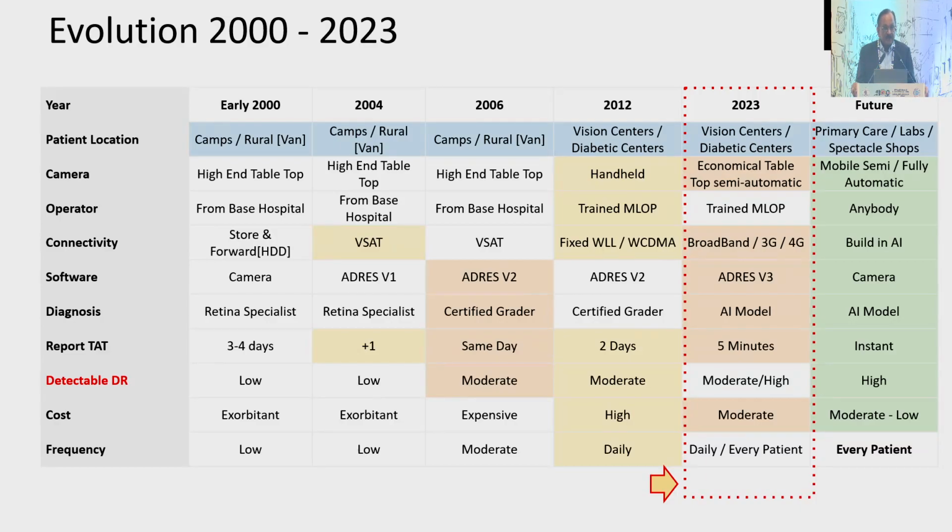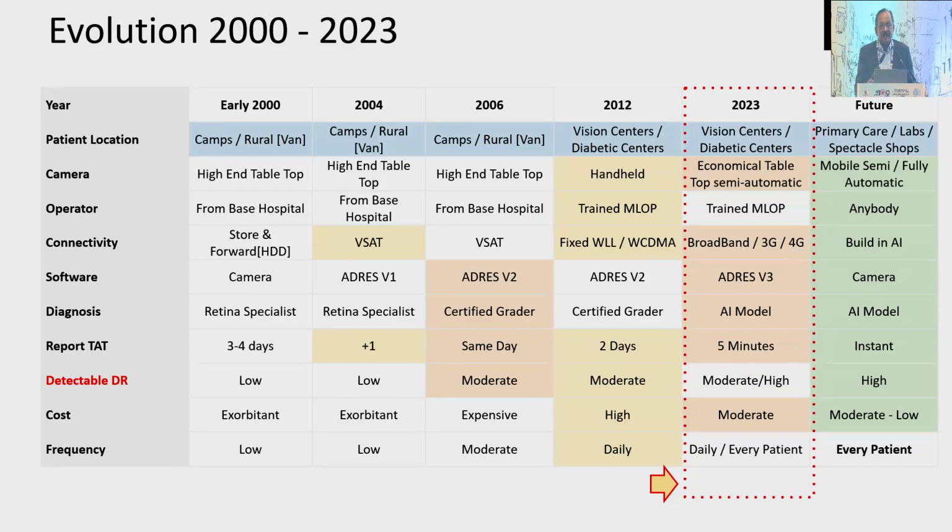Now, when you look at the evolution of this whole DR screening program, we have come a long way from doing camps and using mobile vans to today using it on the spot in physicians' clinics, and opportunistically wherever possible, be it medical labs. We have tried using it in the labs, wherever diabetic patients would go to buy medicines, even medical shops.